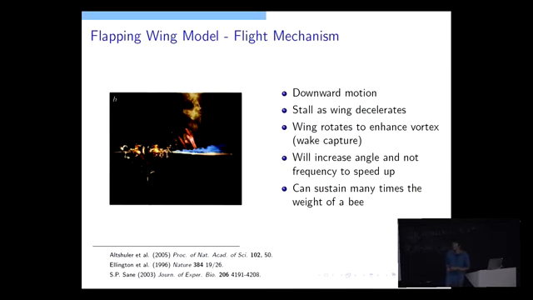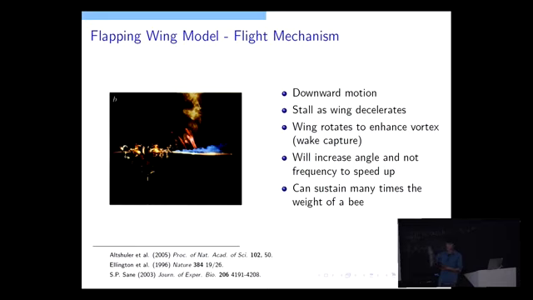Okay. So there's a few stages to how the bee flies. Initially, there's the downward motion of the wing, which creates a vortex, like I said earlier. In this initial stage, the vortex stays attached to the wing, so there's a large pressure difference and a lot of lift is generated.